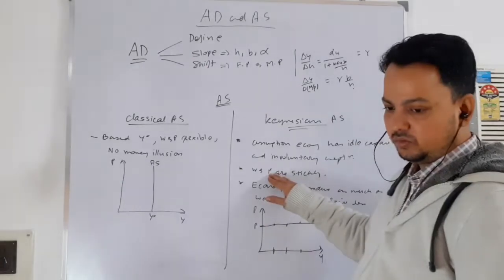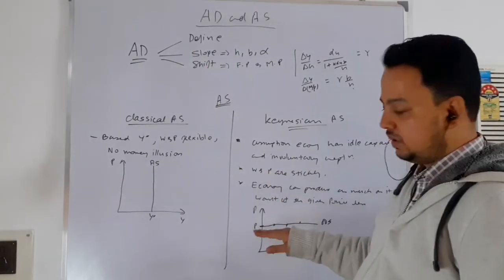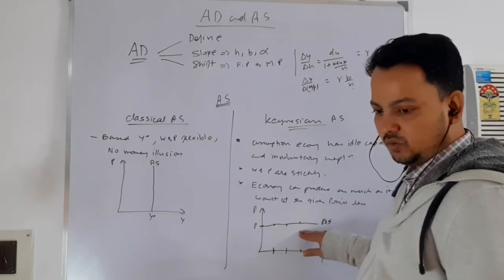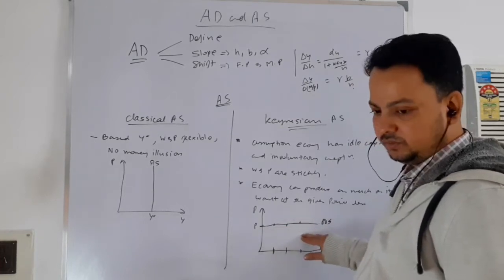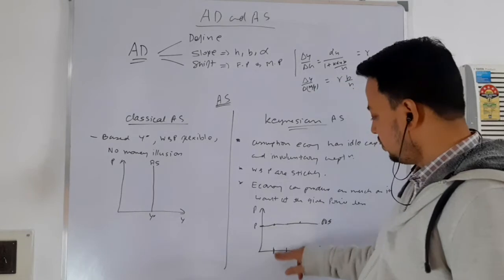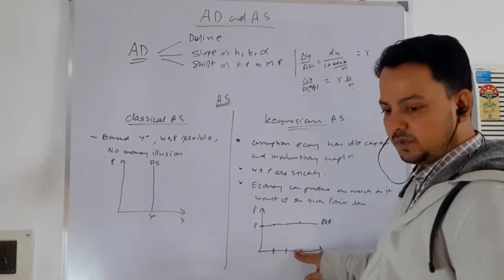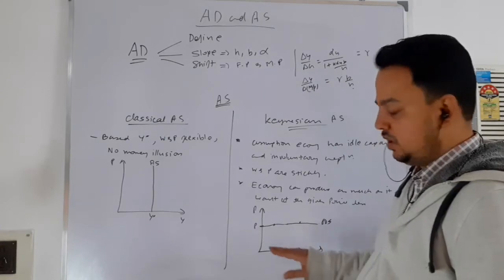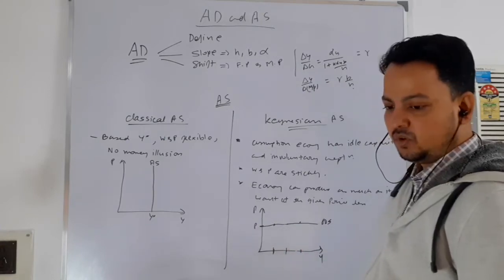Prices are sticky also. So firms are willing to supply as there is more demand. Firms are willing to produce this much output, or this much, or any level of output for the given price. So our aggregate supply curve is horizontal.